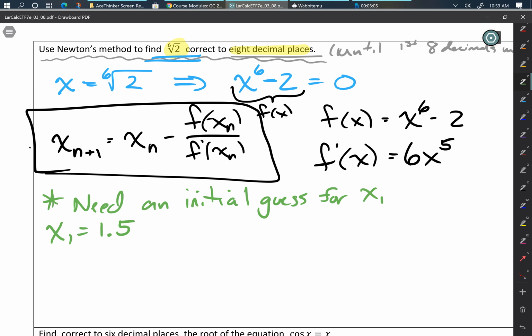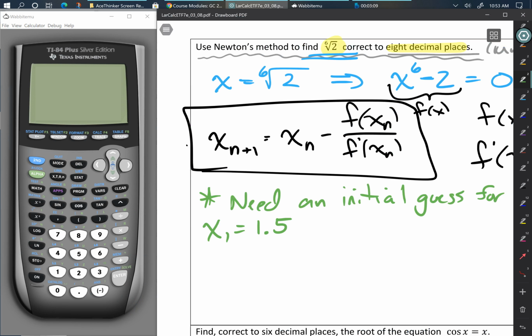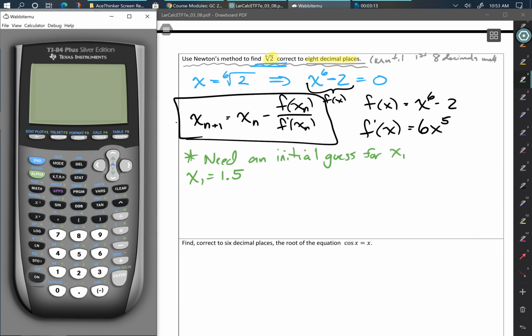All right, so bring the calculator up, because Lord knows I'm not doing this one by hand. And let's get going here. First things first, I need to get f and f prime into my y editor. So y sub 1 is f, that would be x raised to the 6th minus 2.